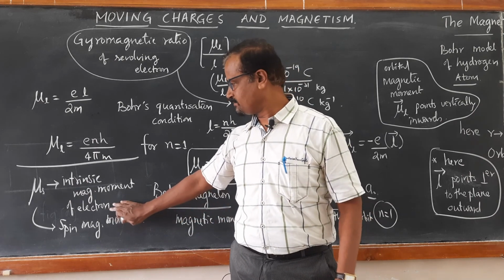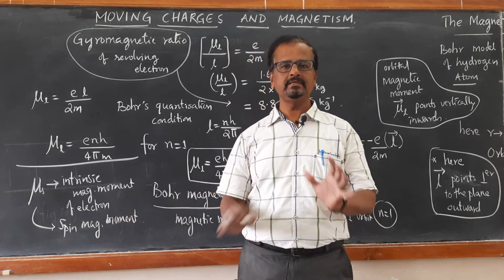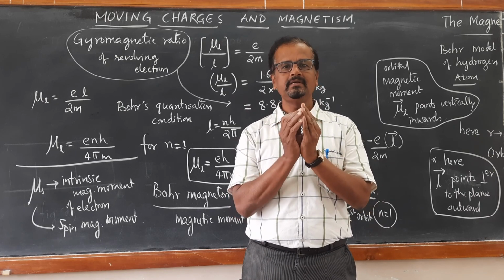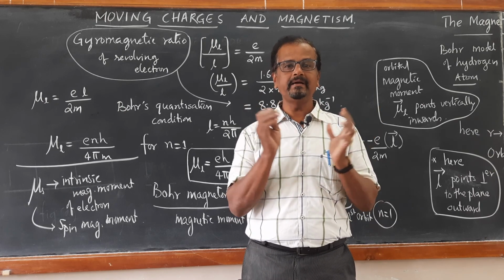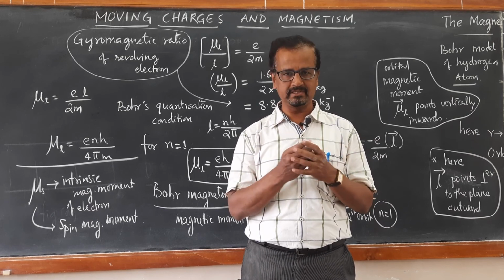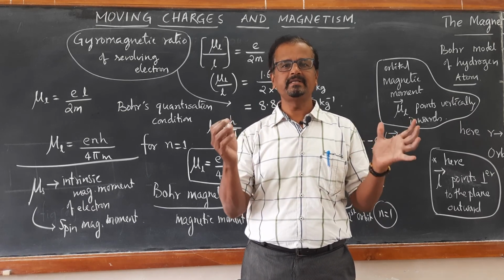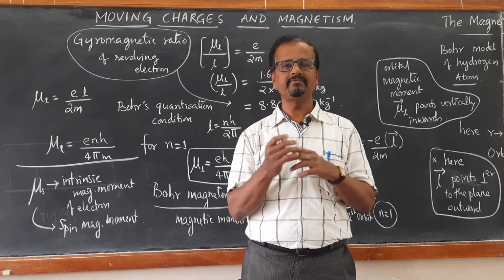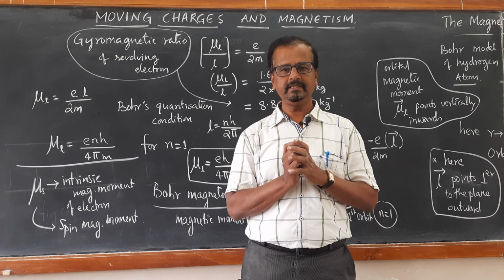So, this intrinsic magnetic moment of the electron is responsible for iron-like materials possessing magnetic properties. When iron is kept in an external magnetic field, it acquires the properties of magnetism, right.